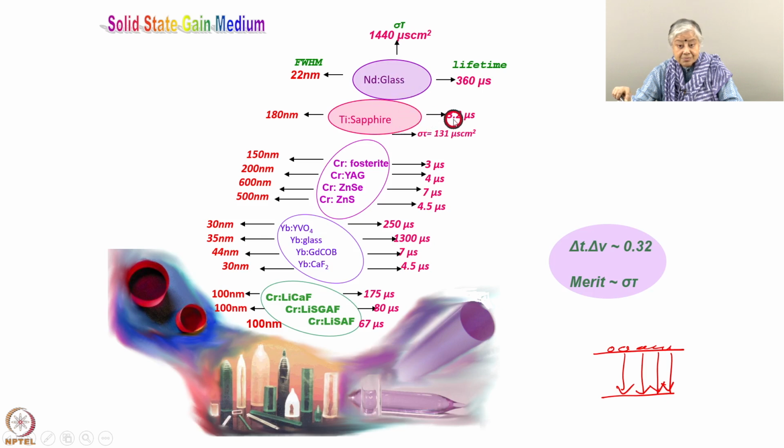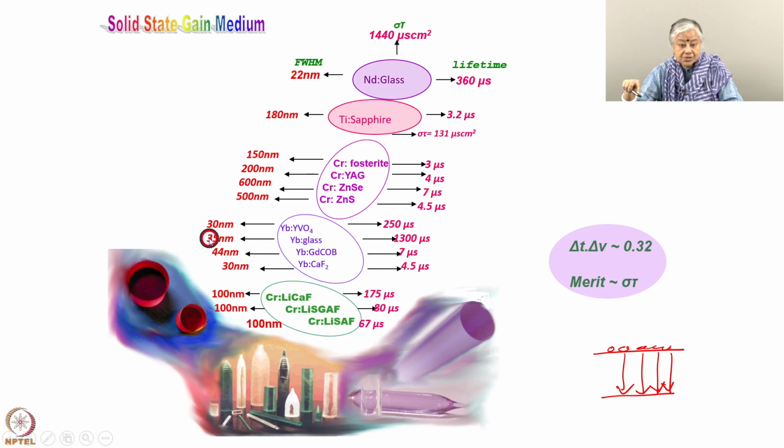Compare that with titanium sapphire, where it is 3.2 microseconds. So it is difficult to use it in an amplifier system. Okay. While you see many of these are all short. This is quite large. Ytterbium glass is pretty good.